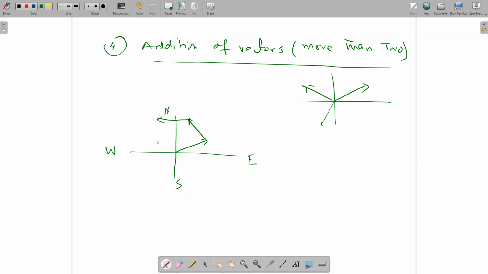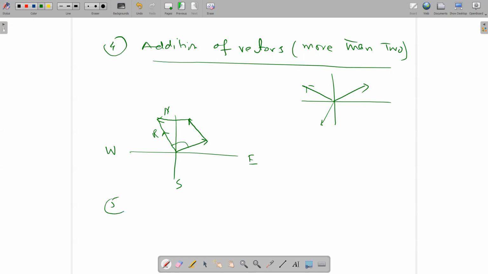Then we can find the resultant after combining these. This is our resultant. So the angle between the resultant and the first vector, we will find like this.